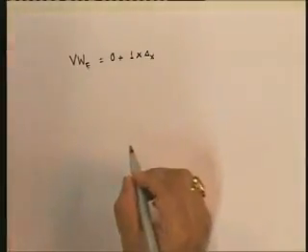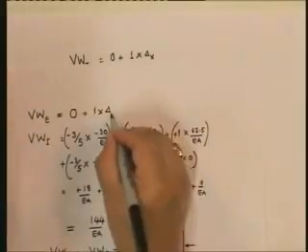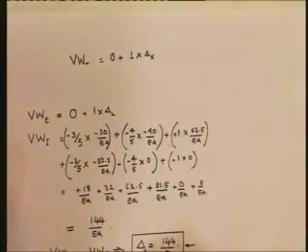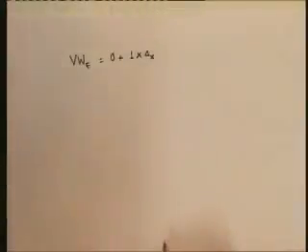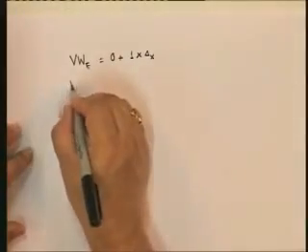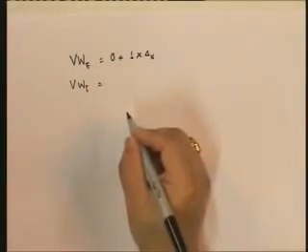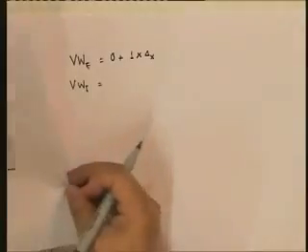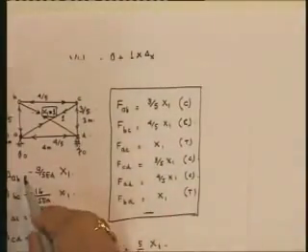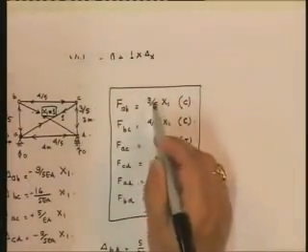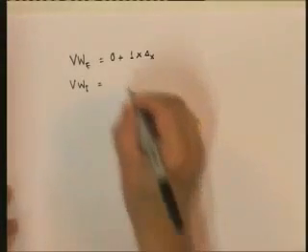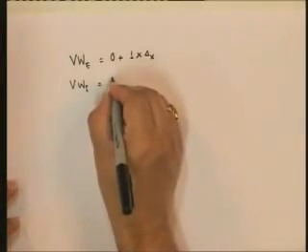This original one is delta due to the load, and this is delta due to x. The internal virtual work is going to be equal to the displacement multiplied by this. I'm going to do this really fast.